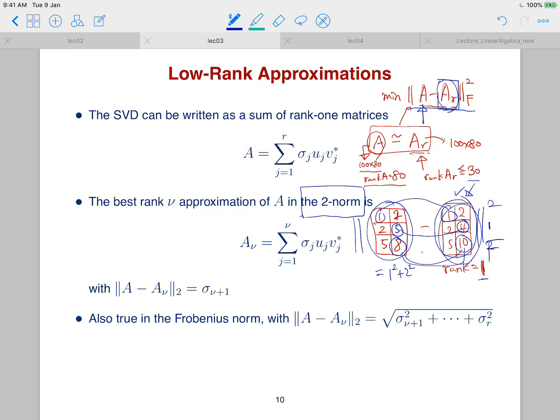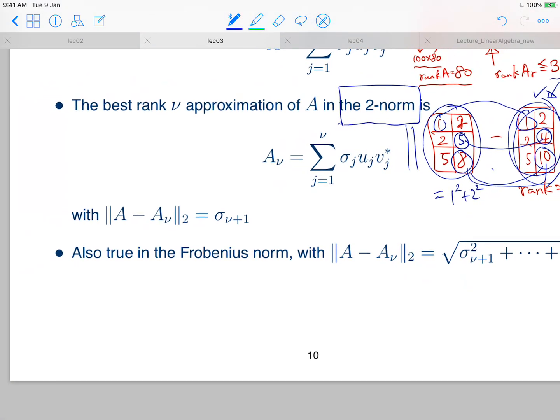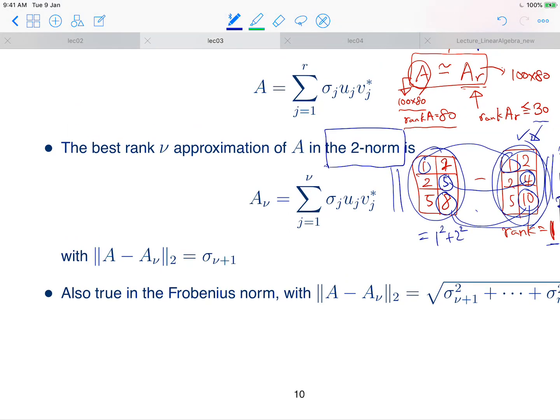For example, given the rank as this number, that matrix can be represented as this, and then we minimize the 2 norm of the difference between our matrix A, which is the full rank matrix, and the low rank matrix.